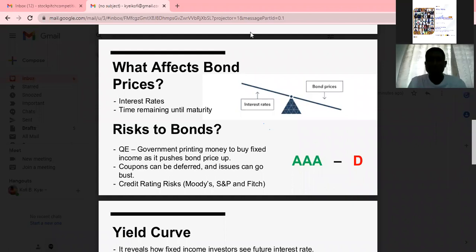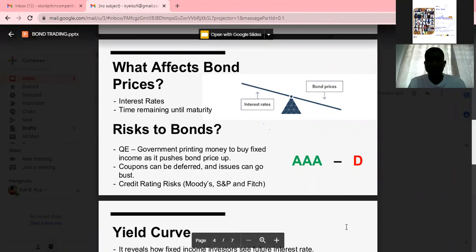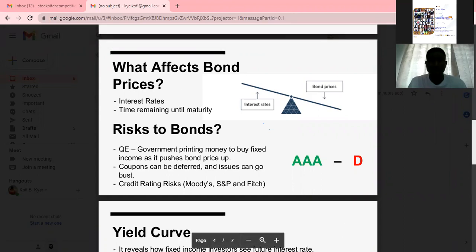So interest rates, the yield that you'll be receiving on your investment for a short-term security tends to be lower compared to a longer-term security due to the risks or the uncertainties that can come in between these two periods.